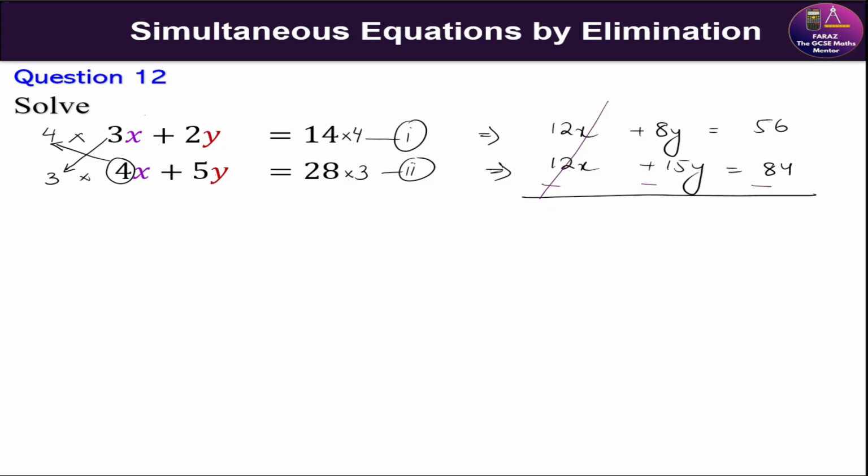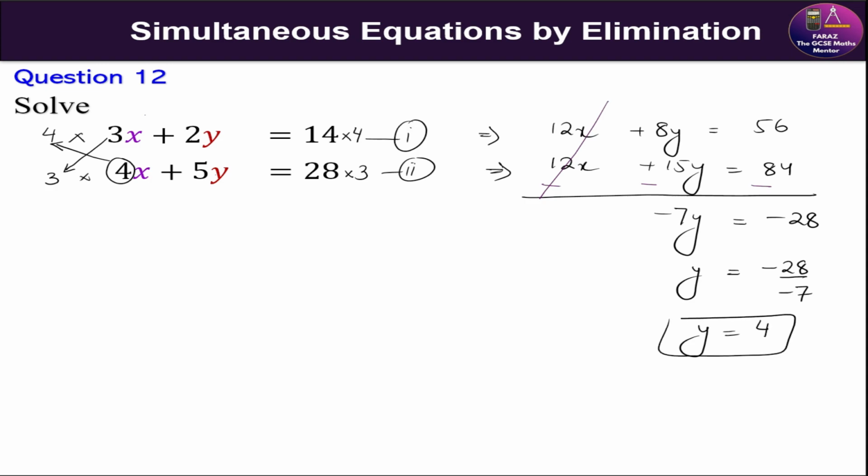So 8 minus 15, that would give you negative 7y. And 56 minus 84, that is negative 28. Now y would become, dividing by negative 7 on both sides, negative 28 over negative 7, that is positive 4, because if you divide two negative signs, the result is always positive.